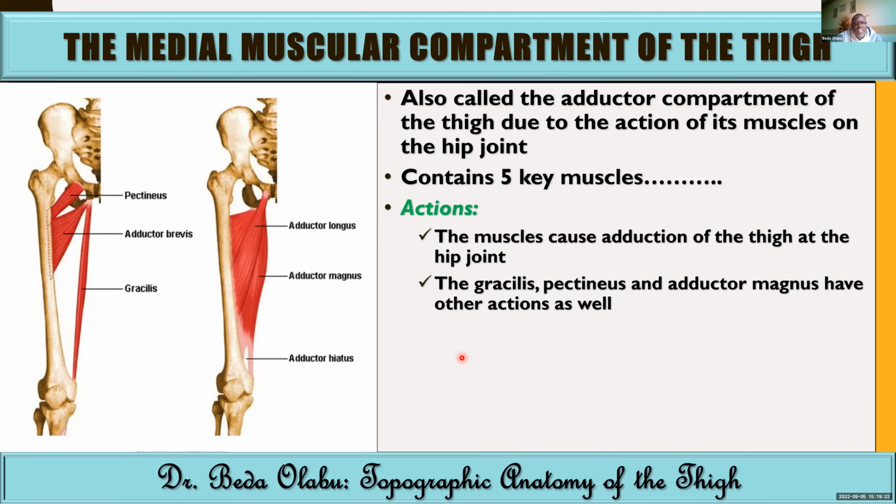But in addition to that, there are some muscles which have other actions. For example, gracilis, apart from causing adduction, also flexes the knee joint. Maybe at this point, I need to mention something. We have sartorius, gracilis, and semitendinosus.